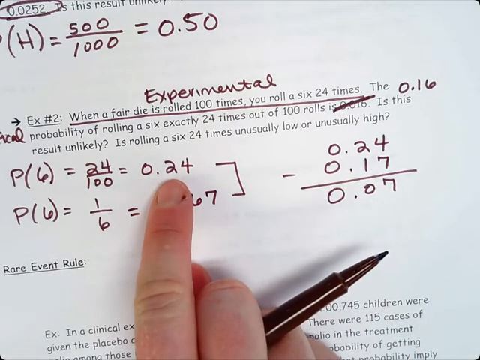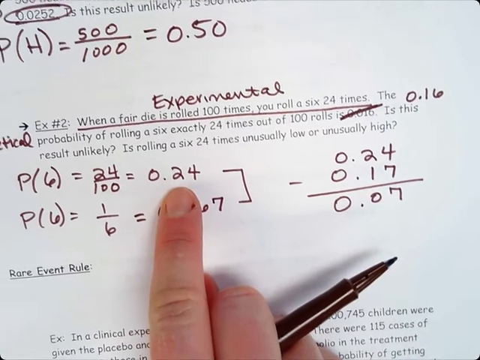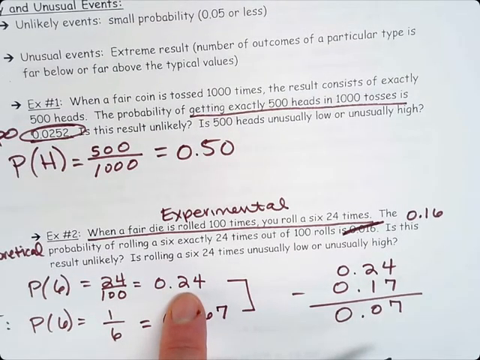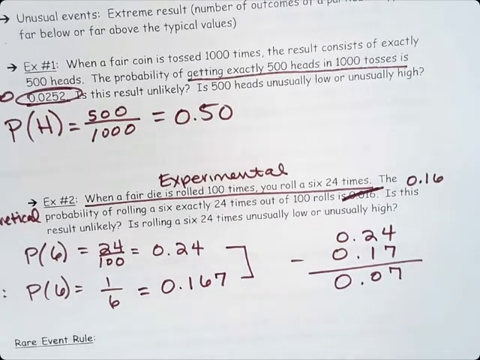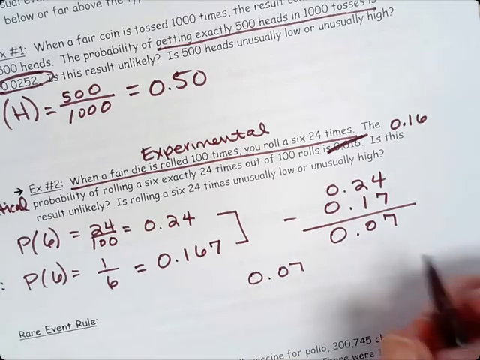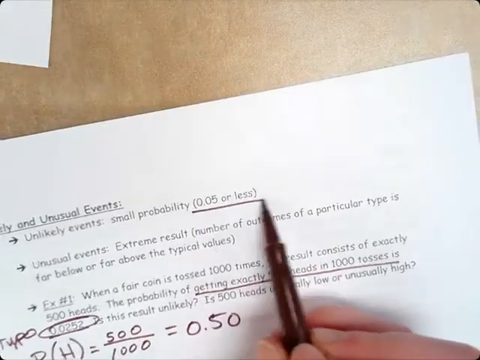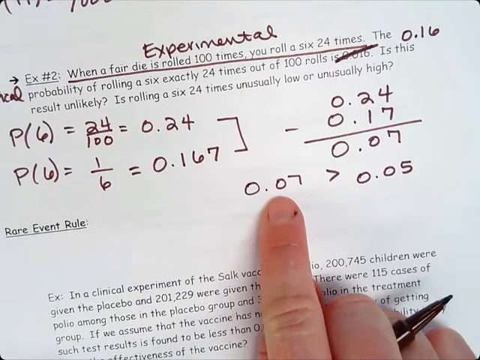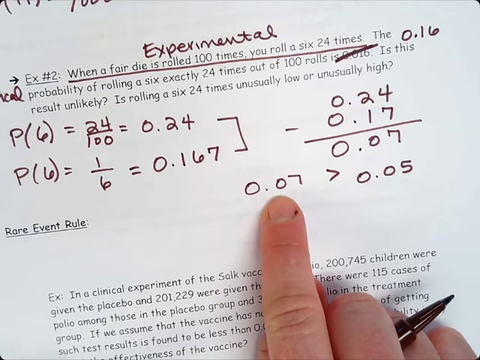So is this probability unusually high? This is unusually high. Is it really though? We need to look at that. We're comparing it to the 0.05. So this is greater. So is it unlikely? Or is it unusually high?